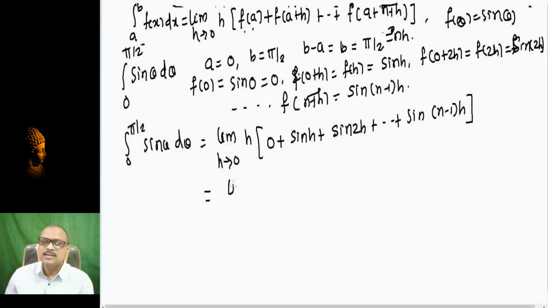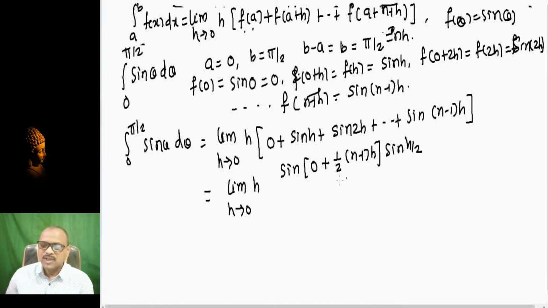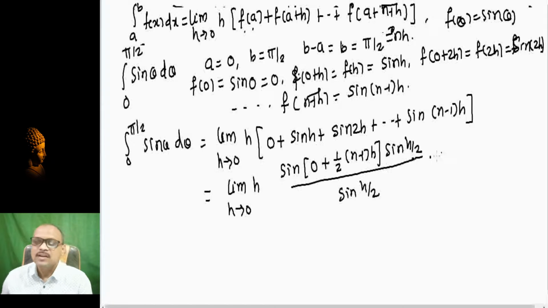And this is the standard sine series. We put in the sum of this sine series: sine 0 is 0, plus 1 divided by 2 (n minus 1) into h into sine of nh by 2 divided by sine of h by 2. This is the sum of the sine series.